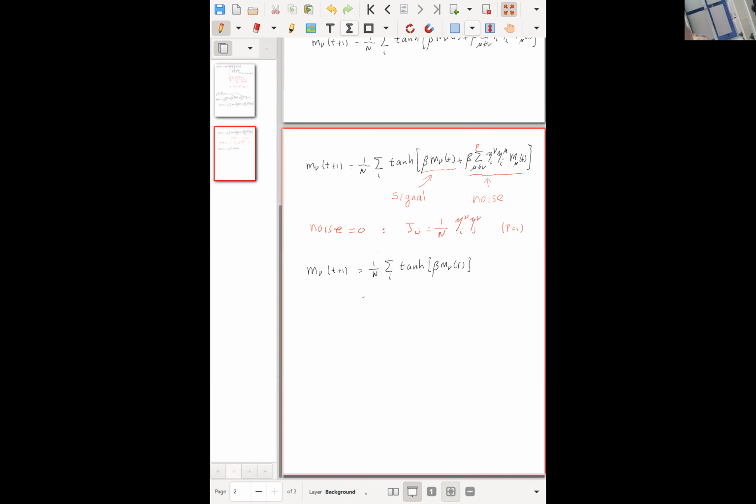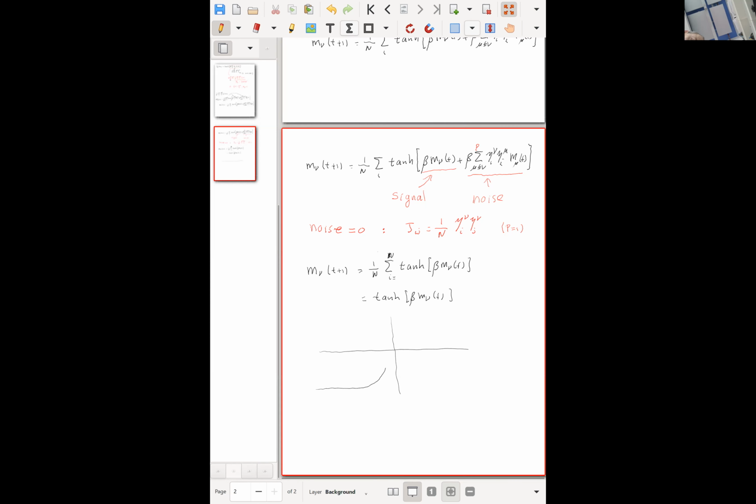And that, of course, equals just, with i equals 1 to n, tanh of beta m nu. Okay. And if we plot the right-hand side, we just get a plot that looks like this.